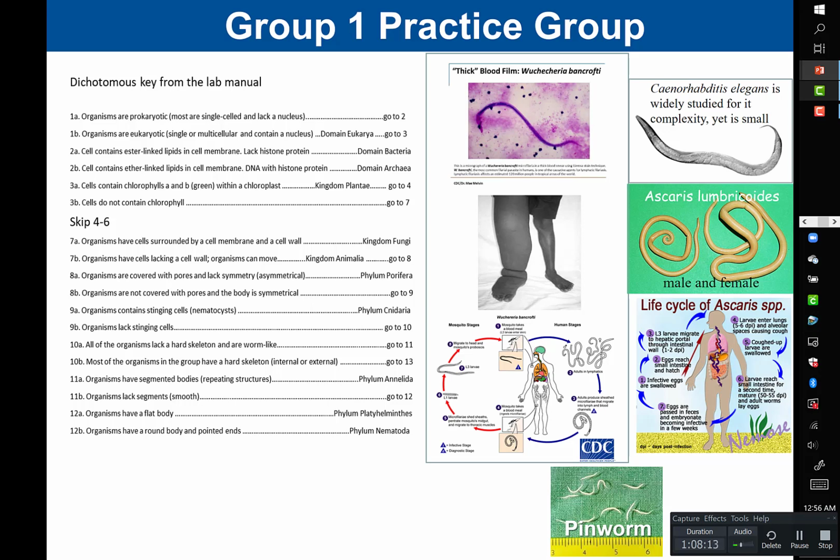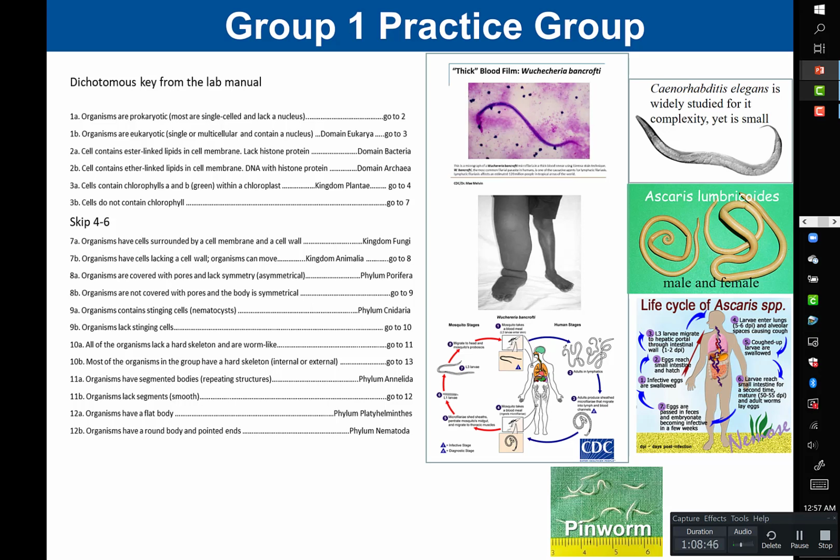How do you get Ascaris, or ascariasis is the name of the disease? Well, you get it by eating undercooked food or drinking contaminated water. How do you end up with contaminated food? Well, in some parts of the world, human feces is used as fertilizer because it's rich in nutrients. If somebody is infected with Ascaris, in their feces are going to be Ascaris eggs.